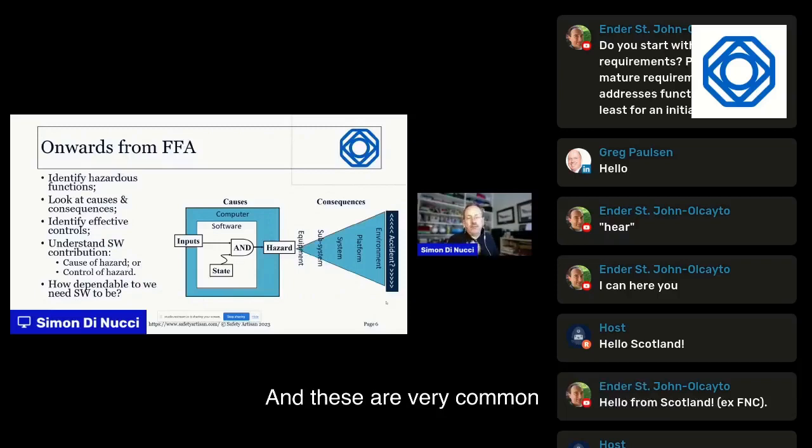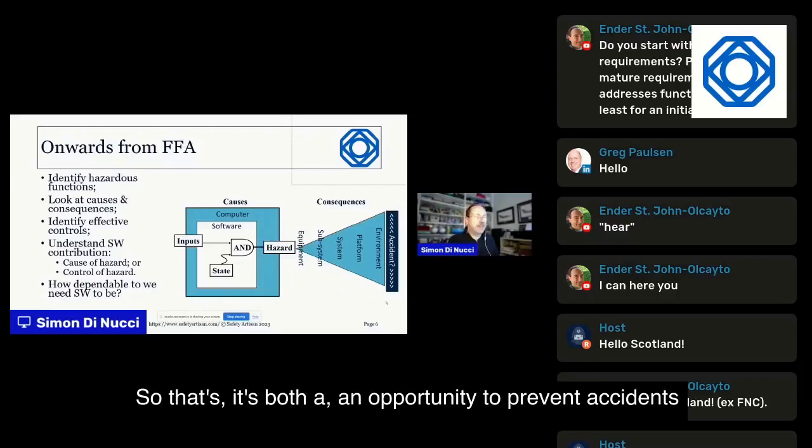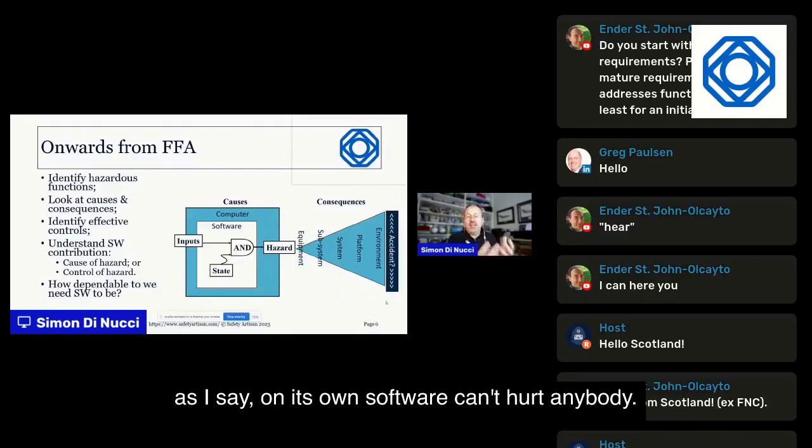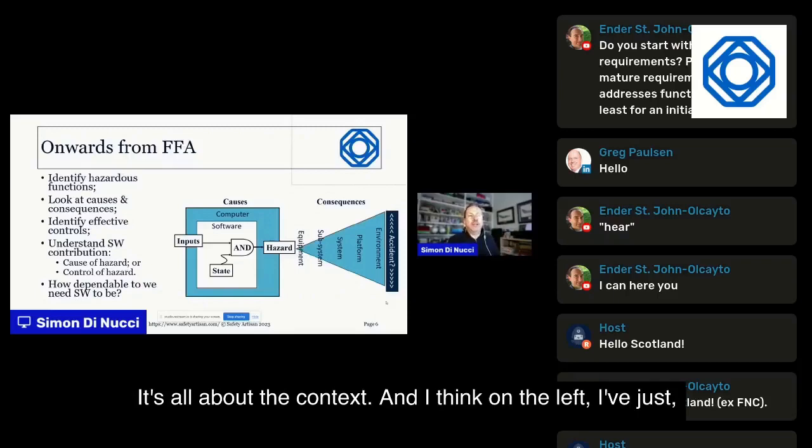These are very common fatal and catastrophic type accidents. So it's both an opportunity to prevent accidents, and it's something we need to do. We must always look at software in context, because as I say, on its own, software can't hurt anybody. It's all about the context.